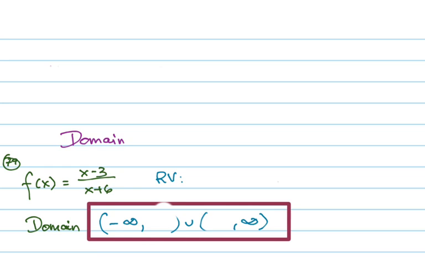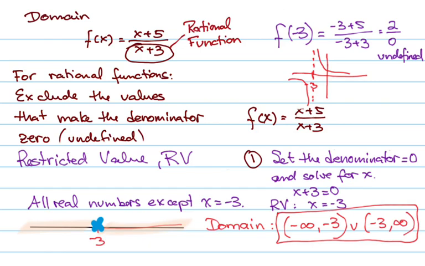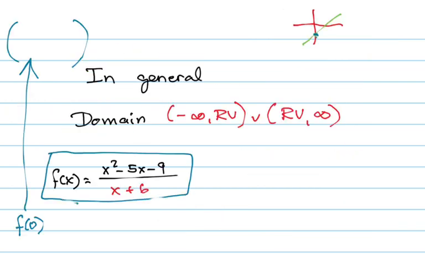You have no clue, I just told you. How do you find the RV? The first step is to set the denominator equal to 0, because whatever that is gives you an undefined. So what is the denominator here?